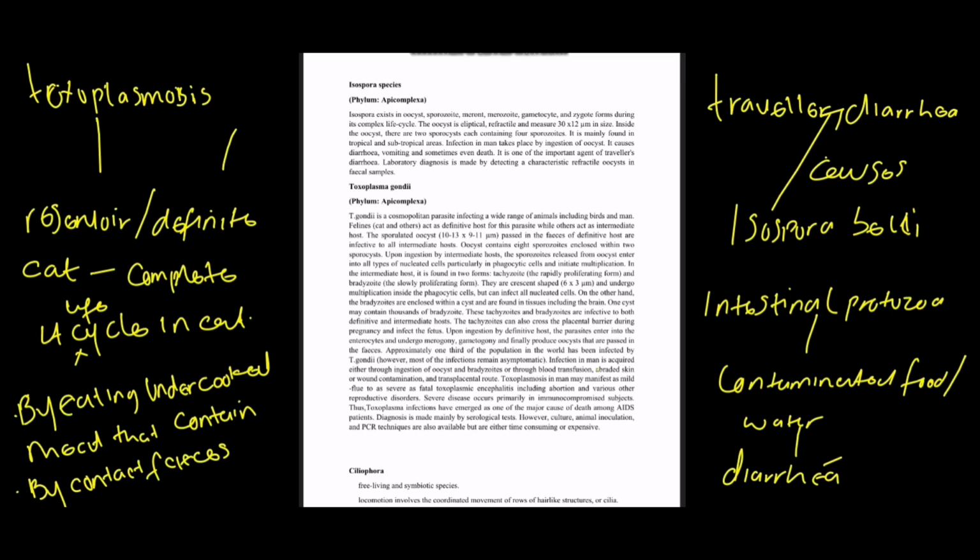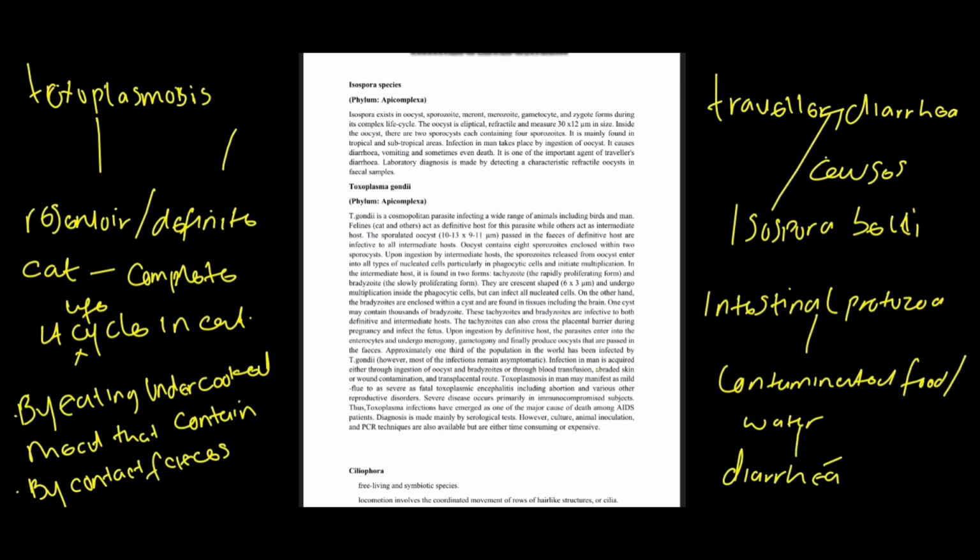Altogether, toxoplasmosis, which has the cat as its definitive host, is a disease caused by Toxoplasma gondii.